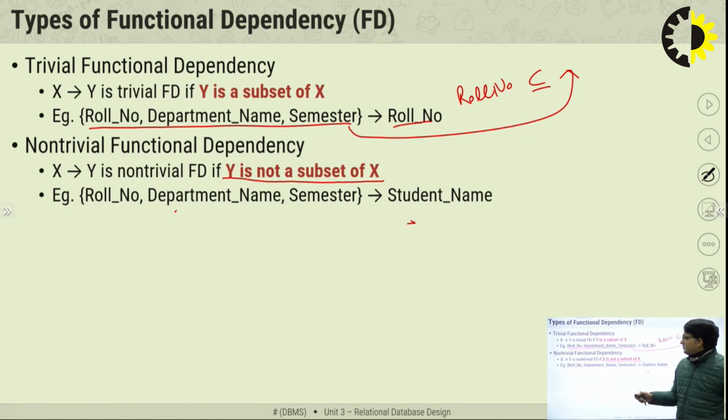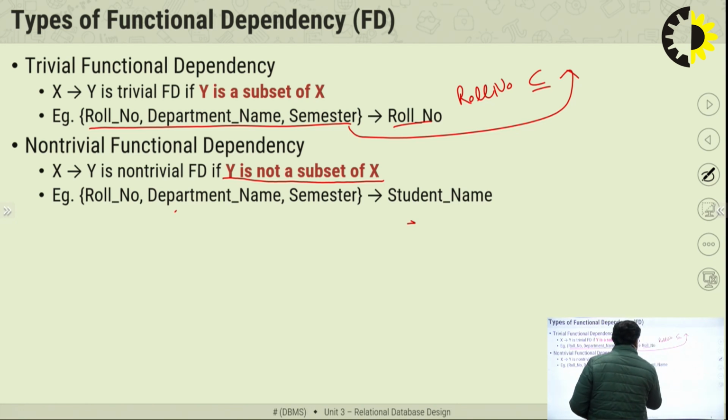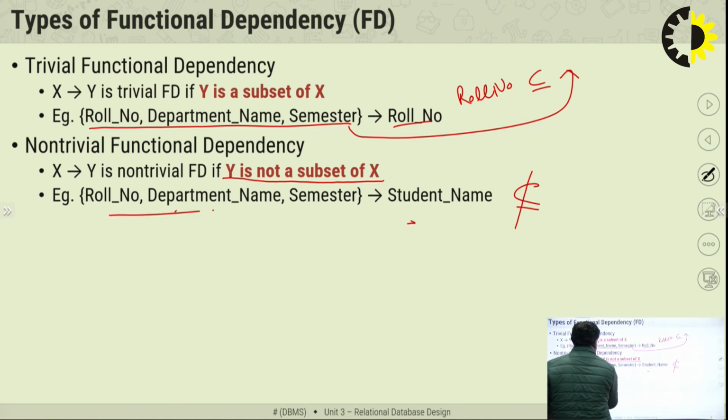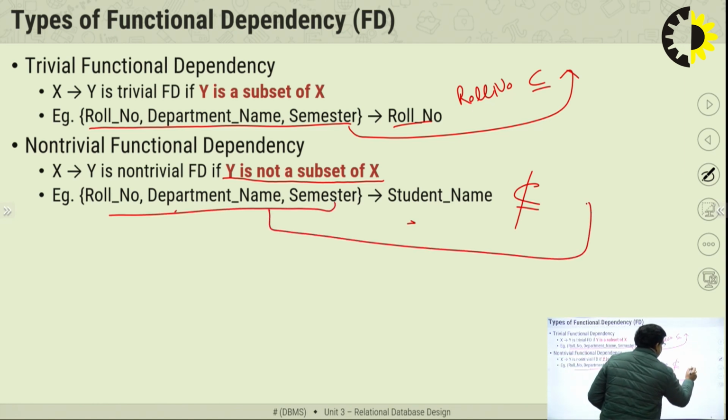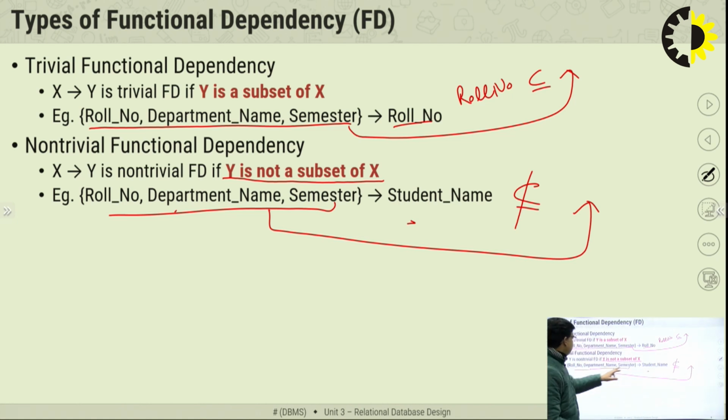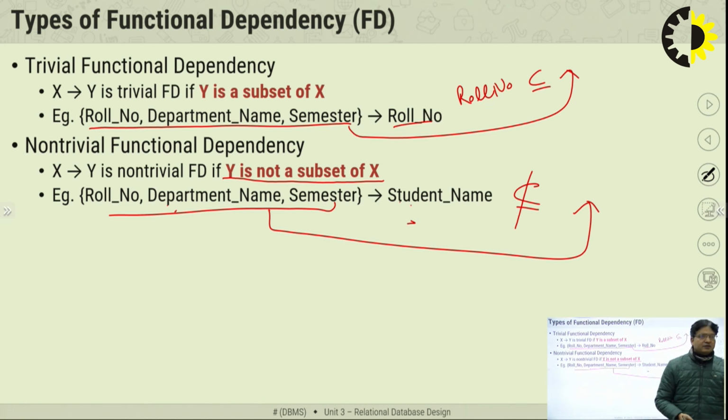But we see this student name is not a subset of roll number, department name and semester. This is a different attribute and these are different attributes. This is not part of here. So Y is not a subset of X. This example can be considered an example of non-trivial functional dependencies.